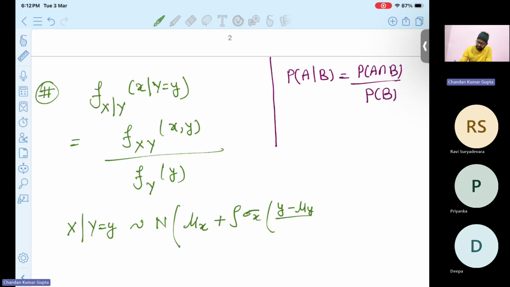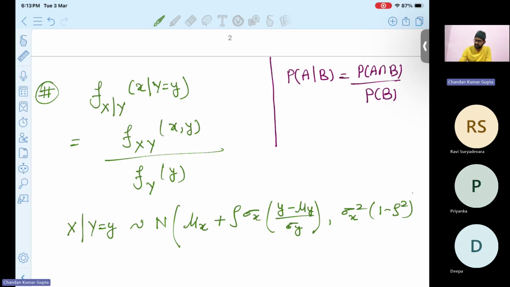The mean value for the conditional x given y is mu_x plus rho times sigma_x times (y minus mu_y) upon sigma_y, and the variance is sigma_x square times (1 minus rho square).